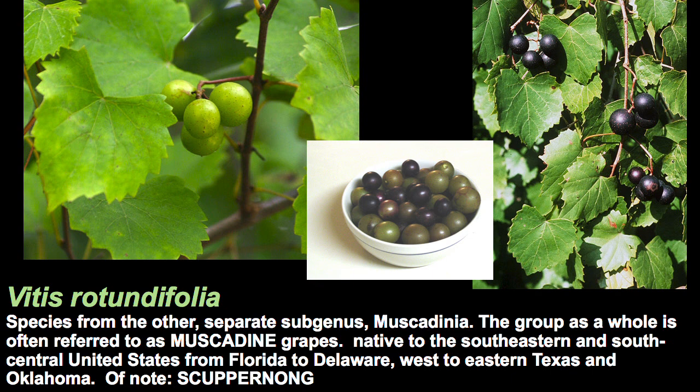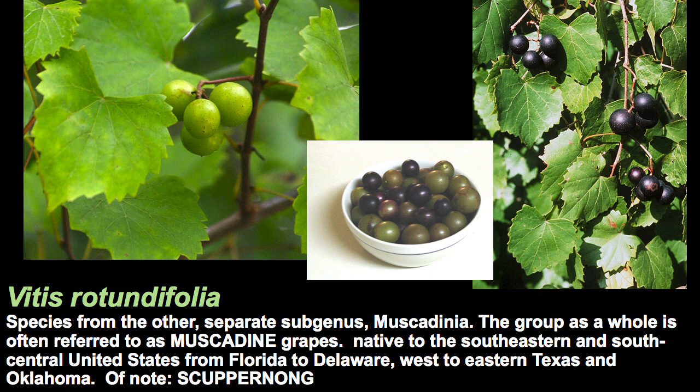It's put into a subgenus because the grapes themselves look really different from bunch grapes, the regular grapes you buy in the grocery store, table grapes, wine grapes that grow in bunches. Muscadine grapes grow like single little berries stuck out on a single stem. And the berries themselves are almost leathery. Almost like a snake egg.